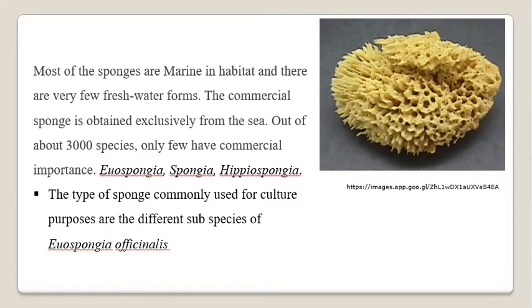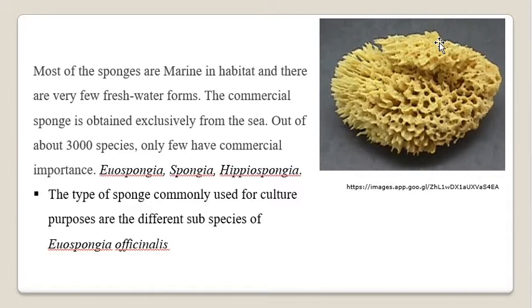But in marine water, a huge number of sponges are there, and about 3,000 species of sponges have been noticed from the oceans or seas. But out of all the 3,000 species, only a few are cultured or cultivated on a commercial basis.